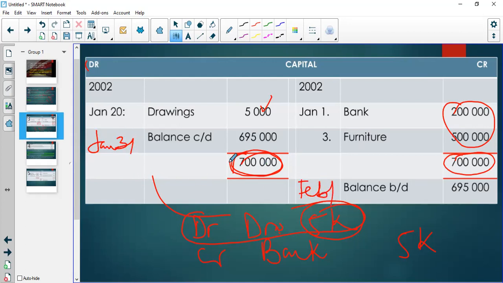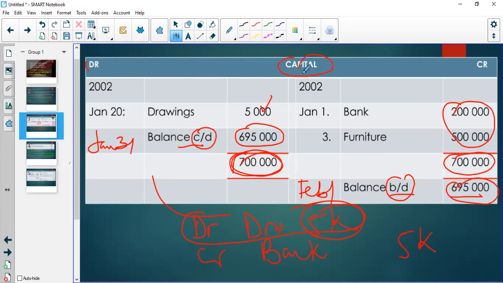I did not pay attention to the days, because that is not what I wanted to emphasize. So your balancing figure is the difference here, 695, which is the balance brought down. So remember, here it's the balance carried down, and here is the balance brought down on the other side. Right. So the balance of capital at the end of January was 695. So we did a balancing of this capital account so we can determine the balance, right?